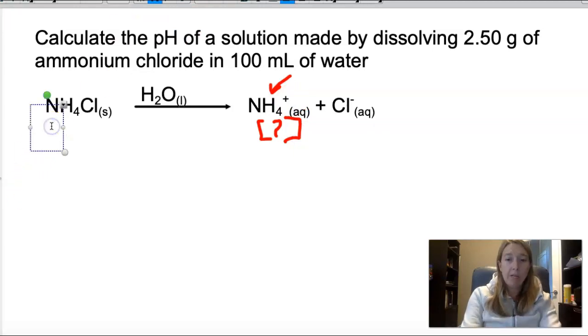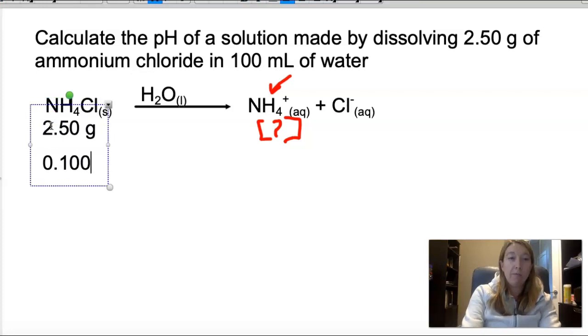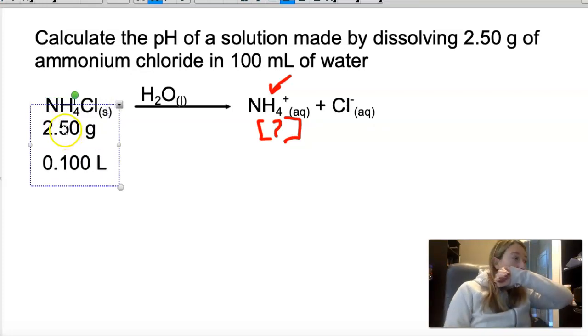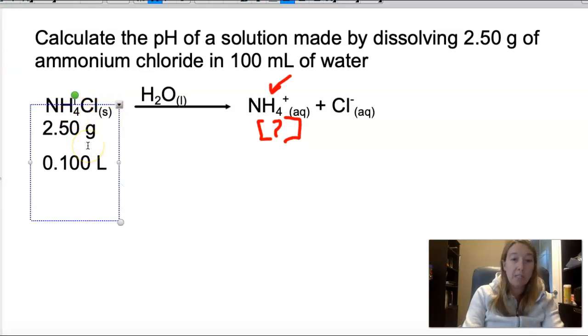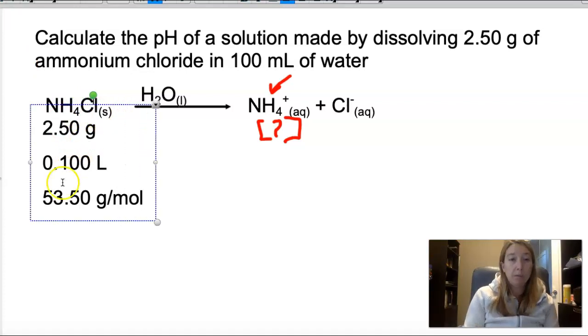Right, so we were given a mass of this as 2.5 grams. We were given a volume as 0.1 liters. Because we have a mass, we need to go get a molar mass. Okay, it's going to be, double check that I did that right, 53.50 grams per mole.